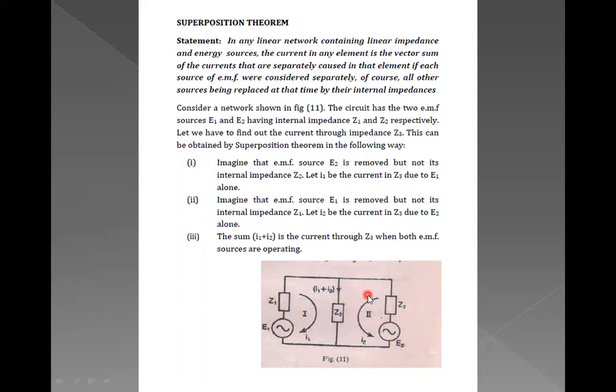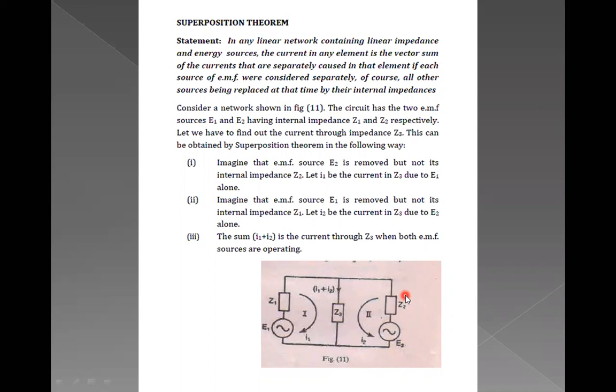So, to obtain the superposition theorem, we will be following a few points. The first is, imagine that the EMF source E2 is removed, considering its internal impedance Z2, and let I1 be the current in Z3 due to E1 alone.